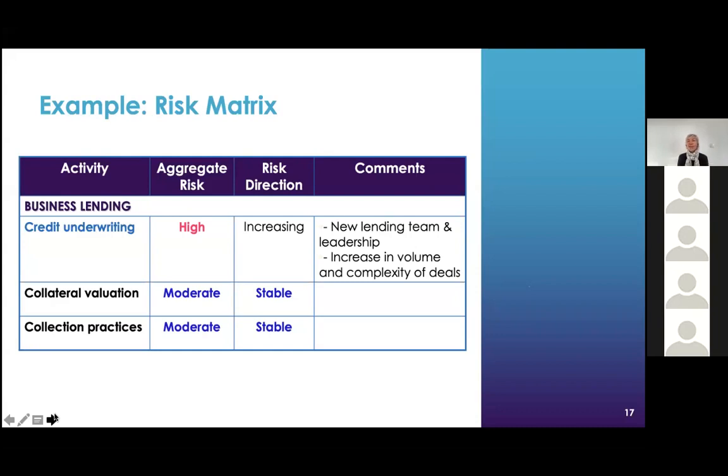The entire team had left, and even the manager. They started doing more complex deals, and they had high goals. So the aggregate risk was high because of the risk management: were these people trained? Did they understand what type of lending? And we felt the risk was increasing. Now, who would have decided this? The risk department would have decided this and talked about it at the management risk committee and said, this is why we see it's a high risk, and this is why we see it's increasing, until we feel comfortable that the lending team is trained.